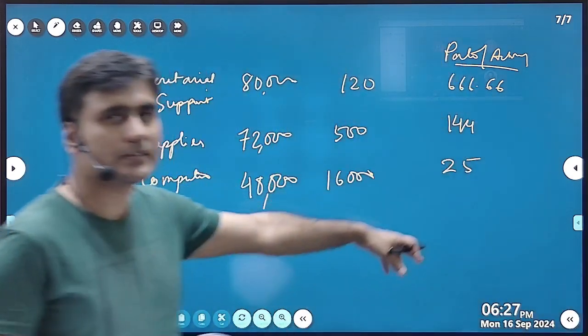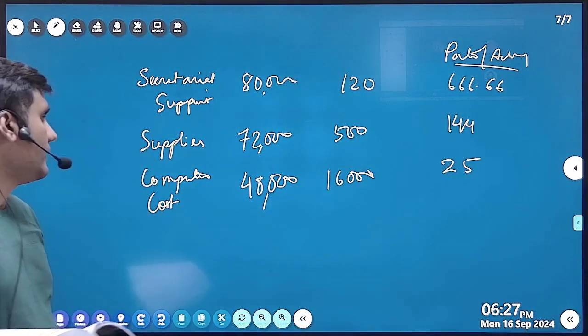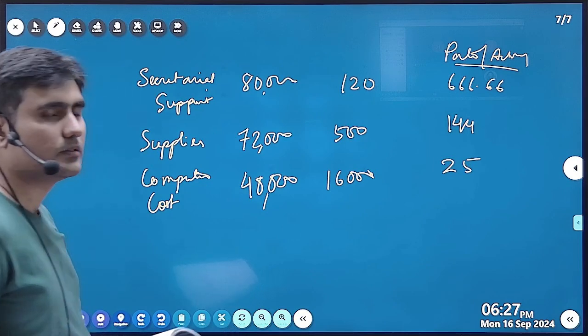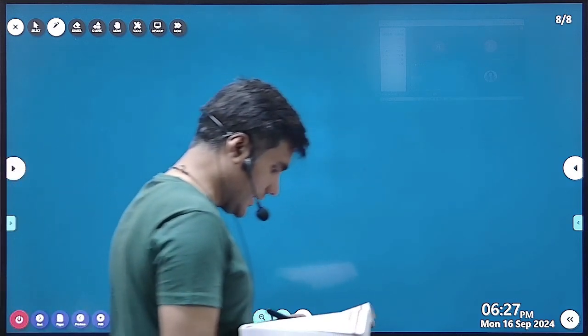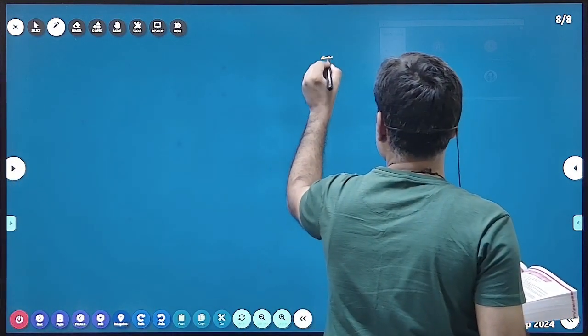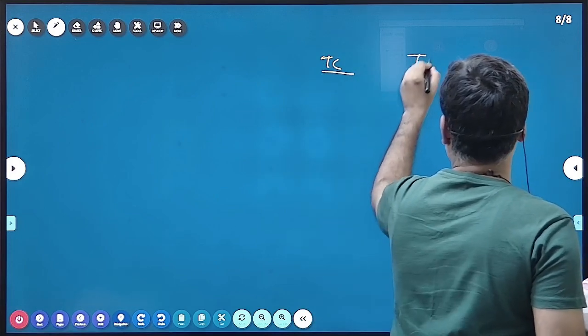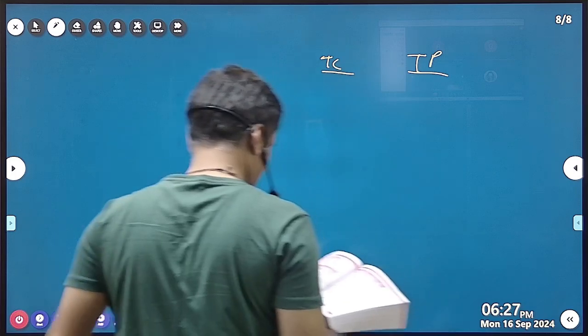So you got the rates, right? No issue till here. Next we will calculate for TC and TP overheads.